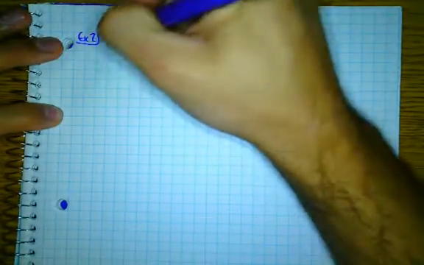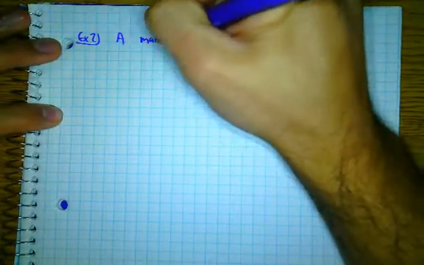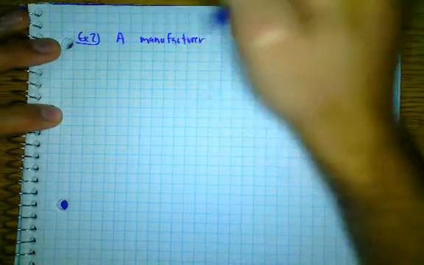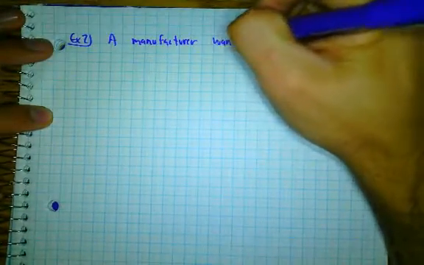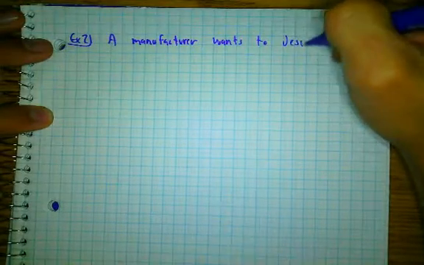Ready? Example number 2. A manufacturer wants to design an open box. This is important.